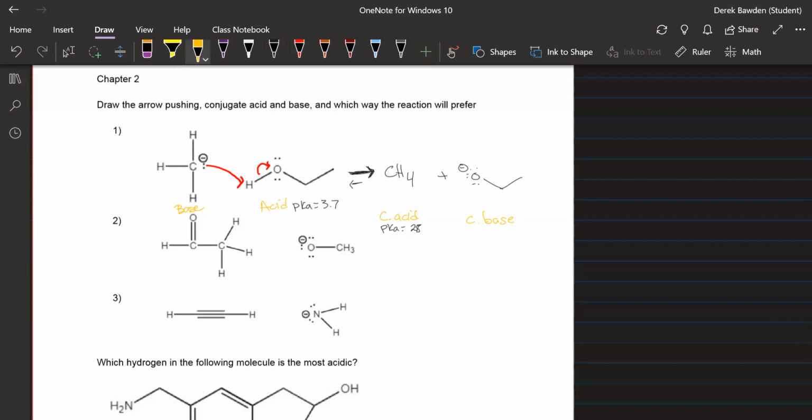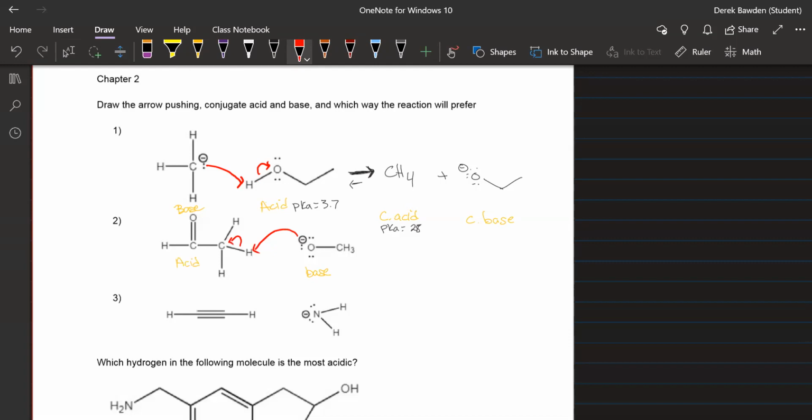All right, let's label our acid and base. Again, I told you negative charge, that's going to be a base. So this will be our acid. Acid-base chemistry, our base is going to steal a proton. So this is going to reach out, steal a hydrogen.